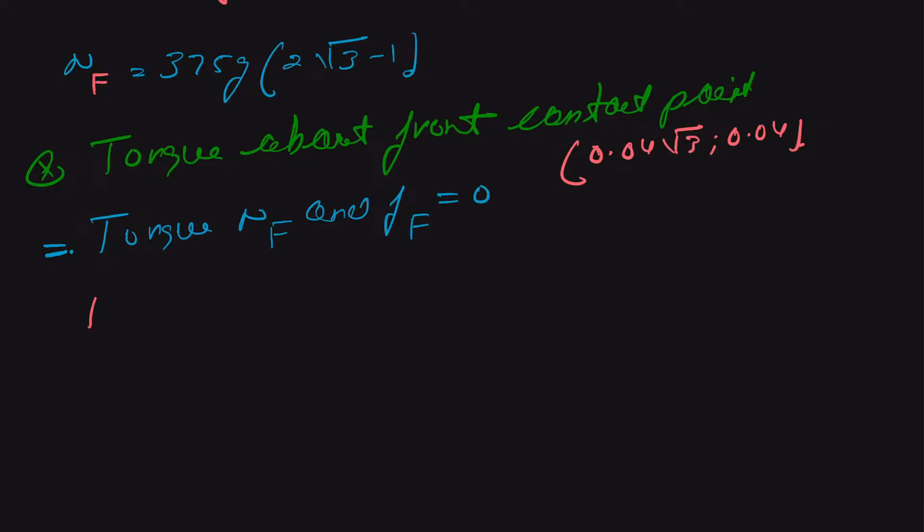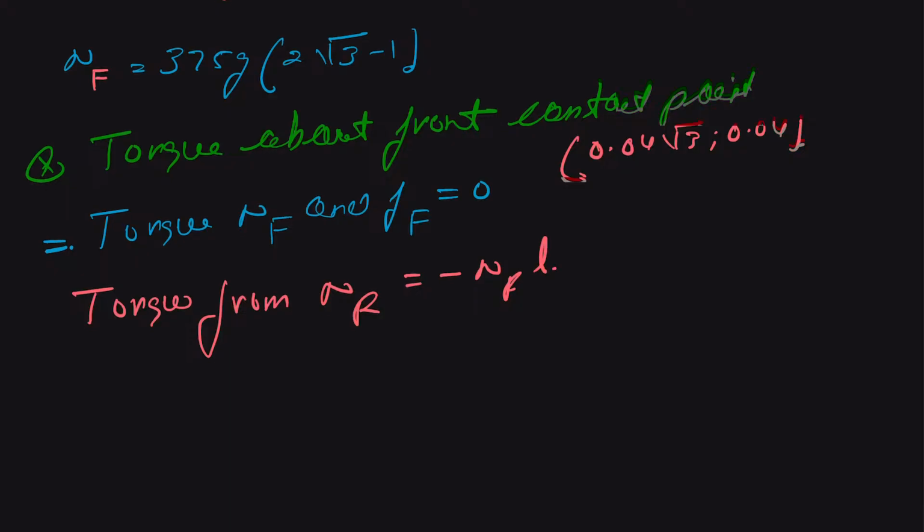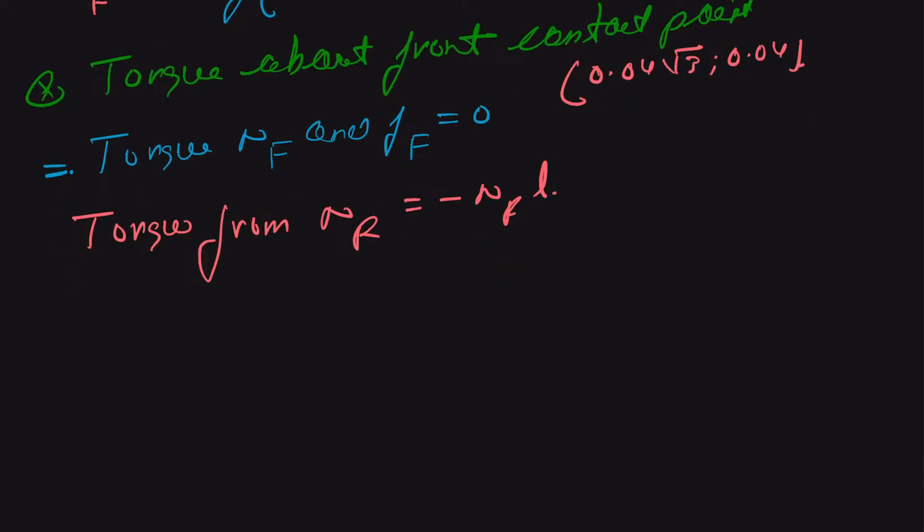The torque from the normal at the rear will be equal to minus NR times L, and the torque from the frictional force at the rear will be equal to 0.